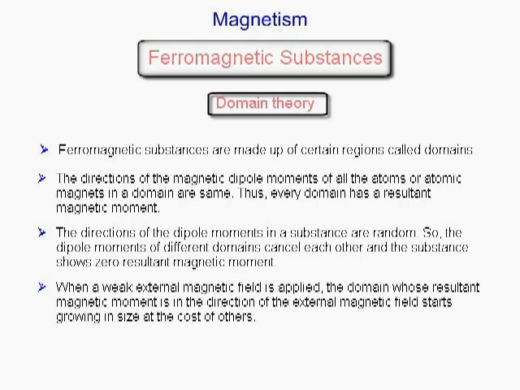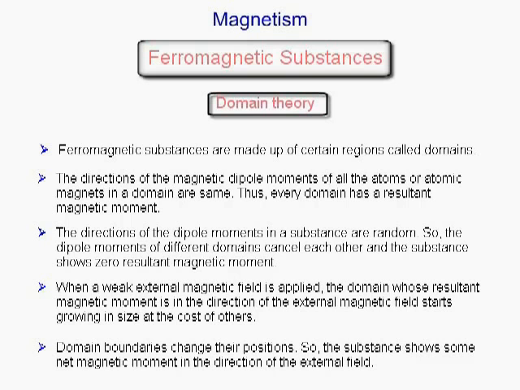When a weak external field is applied to such a ferromagnetic substance, the domain whose resultant magnetic moment is in the direction of the external magnetic field starts growing in size at the cost of the others. So the domain boundaries change their positions.